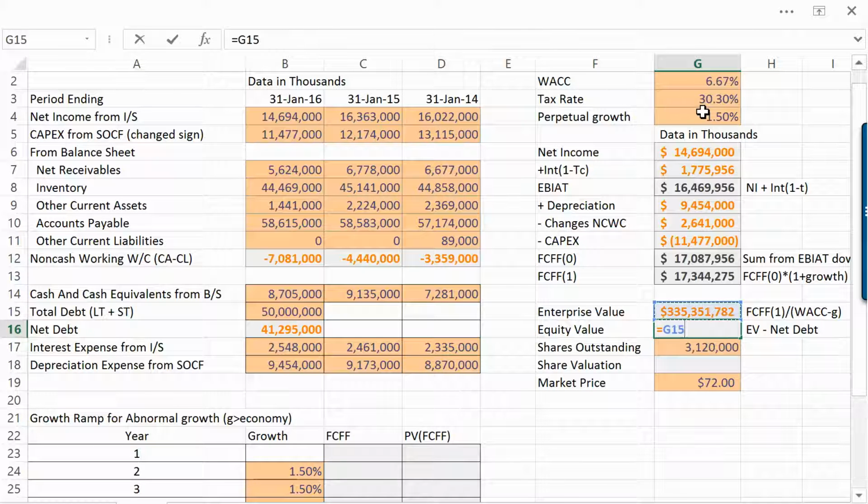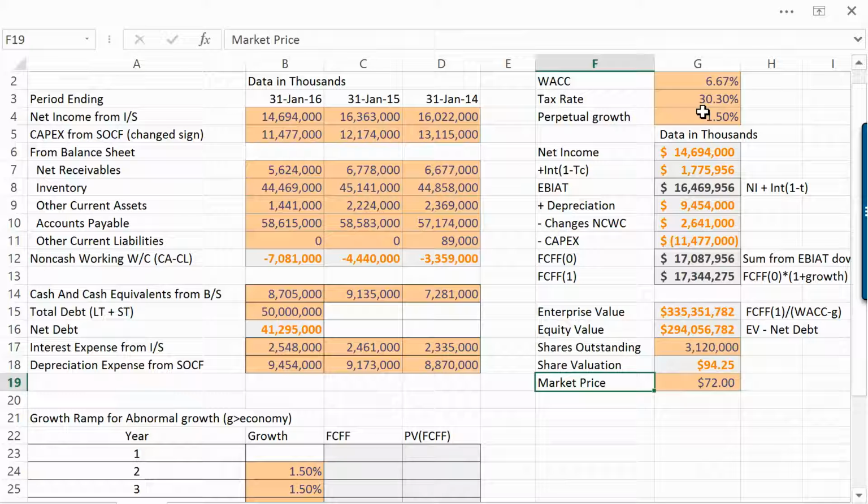Now, if I take that $335 billion enterprise value, I subtract off the net debt. If I just wanted to buy the equity of Walmart, that should be worth $294 billion. Now there's 3 billion shares of Walmart outstanding. If I take my equity value of $294 billion divided by 3 billion shares, I should be willing to pay $94 for Walmart. They're currently selling for $72, so what that says is I can buy Walmart cheap and hope the rest of the world gets as smart as I am and realize that it's worth $94.